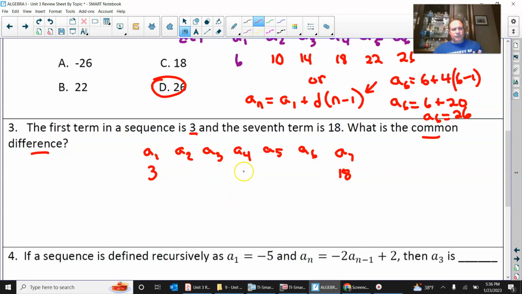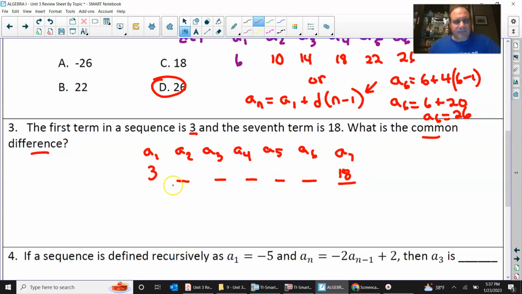So we have to make 1, 2, 3, 4, 5, 6 jumps, and somewhere in those 6 jumps we're going to get to 18, right? We're already given 3, but we have to get to 18. It's 6 jumps.